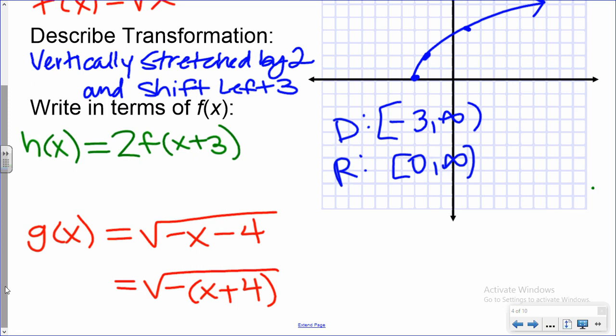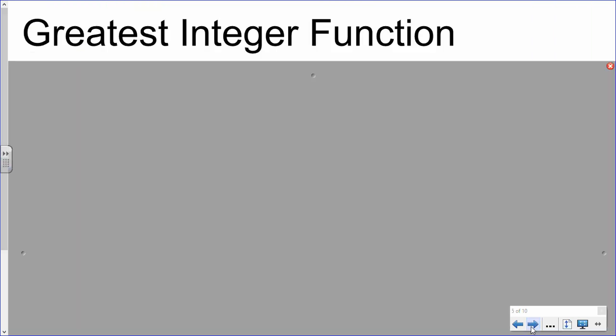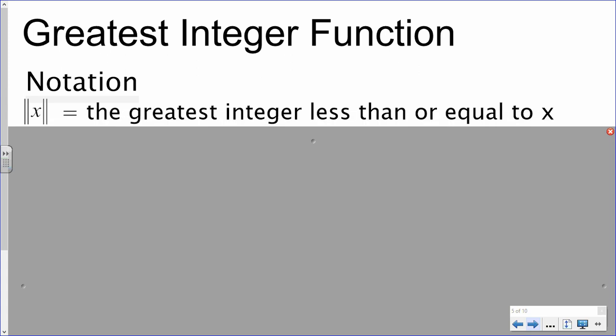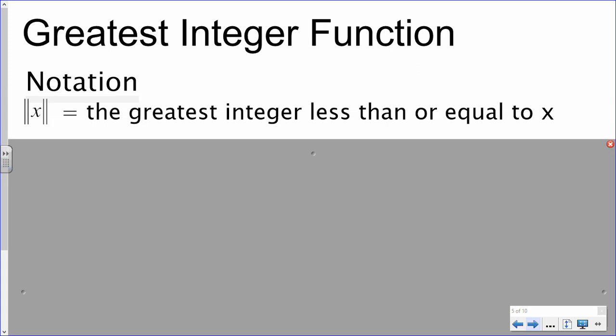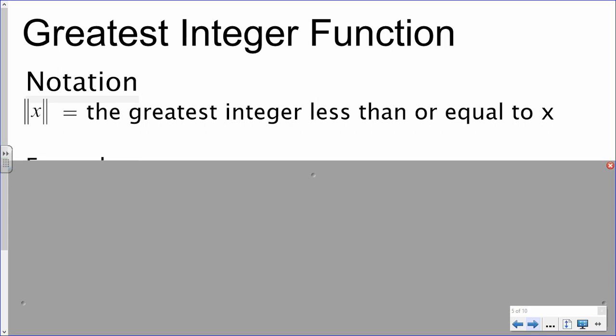Now the time you've been waiting for: the greatest integer function. I'm going to give you a definition that I want you to write down. And then when it's time to graph it, if you want to grab your pink sheets to graph it, that would be fine. The greatest integer function has this notation. It's like double absolute value bars. Pretty cool.